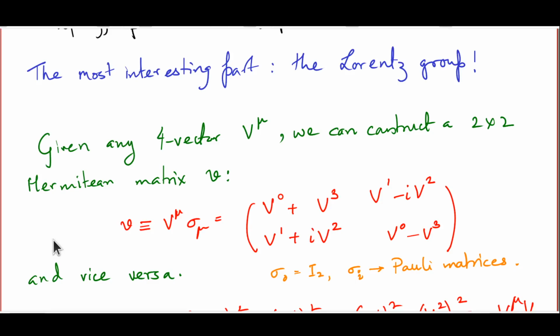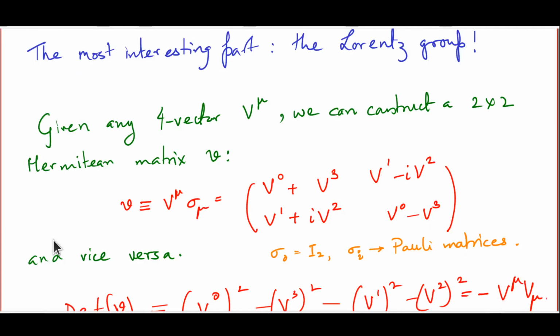Let me just remind you that the diagonal elements of a Hermitian matrix must both be real, so you can always write them as the sum and difference of two real numbers, and the off-diagonal elements must be complex conjugates of each other, which is why this structure that you see on your screen is the most general possible Hermitian 2x2 matrix.